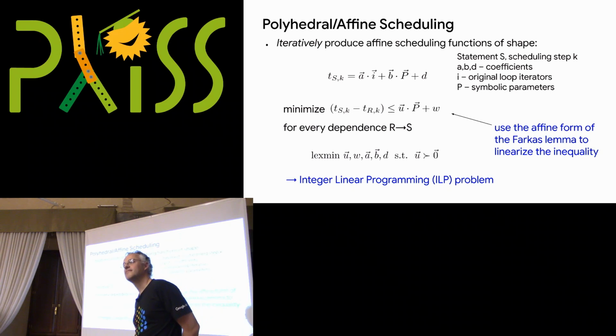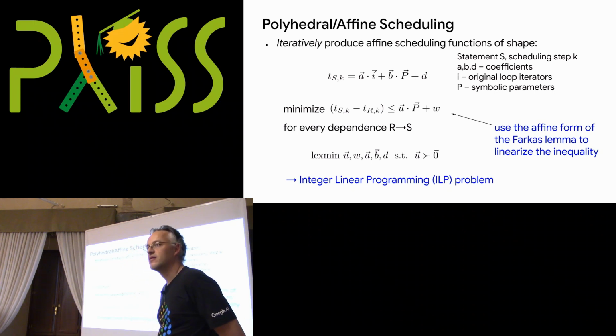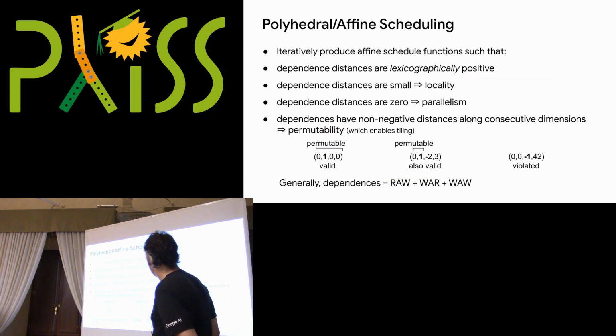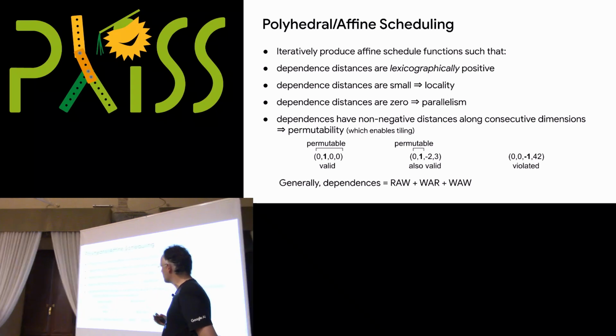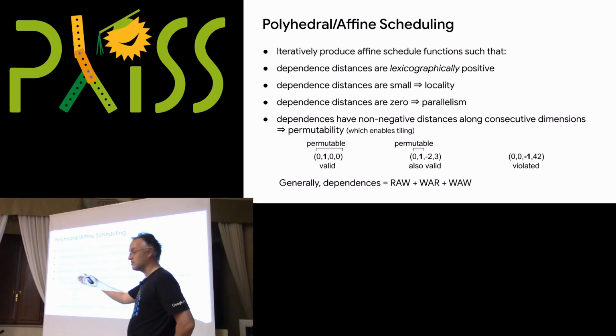I'm just not sure what the tiles are. You show the diagram of the tile, do you create those tiles? I didn't really have an example for it, but this is where the tiling comes into play. In practice, when you look for these affine scheduling functions, you're looking for these kinds of properties.